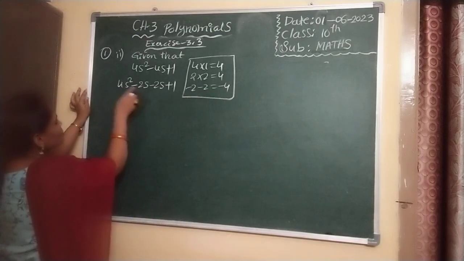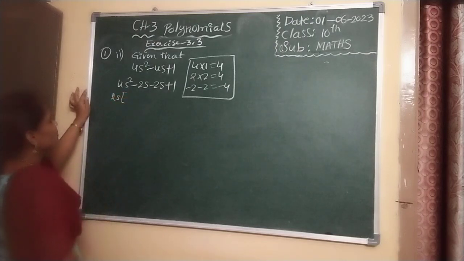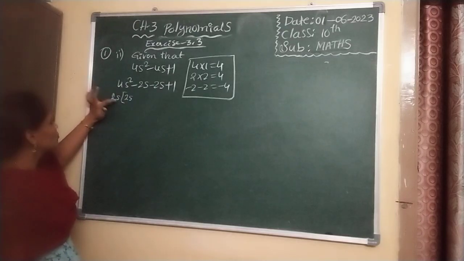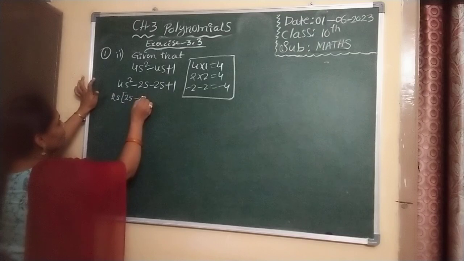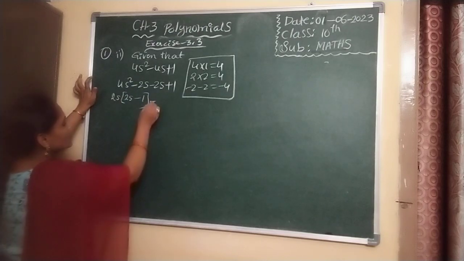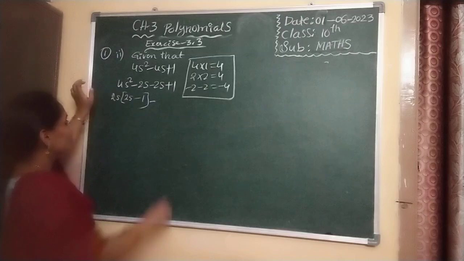Now in these two terms, 2 is common, s is also common. So I am taking 2s common. Now 2s, one more 2s it will be. 2 2s are 4, s into s square. Minus, here 2s already we took common, so here minus 1 will be. Here take minus 1 common.